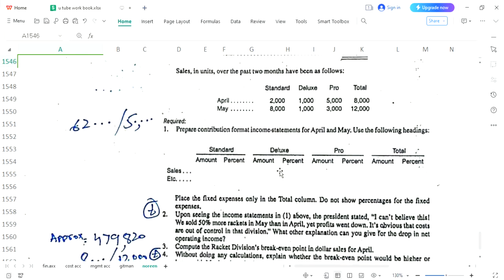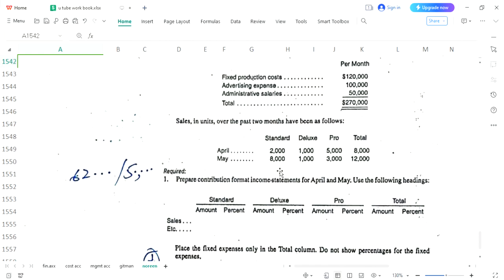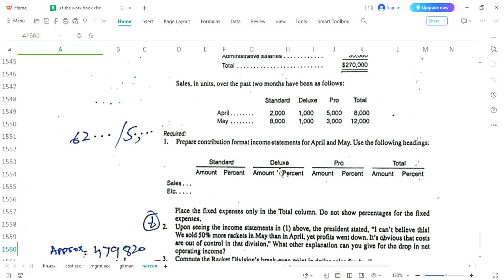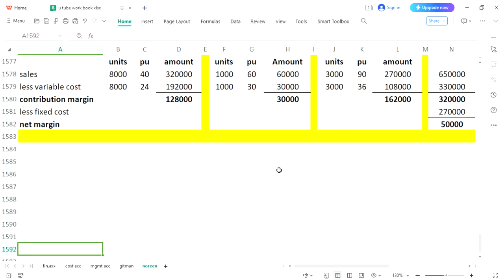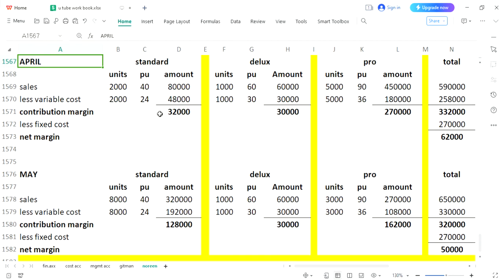So we will observe our variable cost, because it is the only factor which can change the scenario. For that, we will observe our income statements. Now here variable cost 48,000, but variable cost 1,92,000 in May. In April, deluxe variable cost 30,000, deluxe variable cost again 30,000. There is no difference.